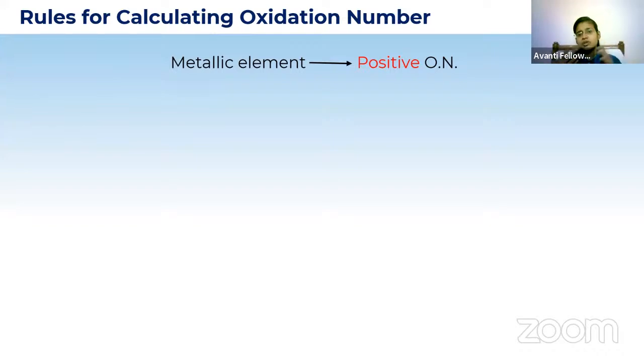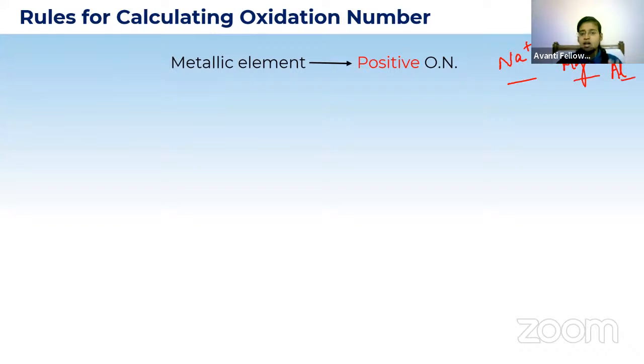And when you talk about group 2, beryllium, magnesium, calcium. Most of the metals will take positive oxidation number. Sodium will have +1, magnesium metal will carry +2, and aluminium will carry +3. So all these are metals and they carry positive oxidation number.